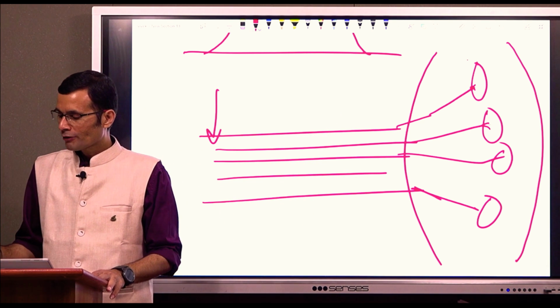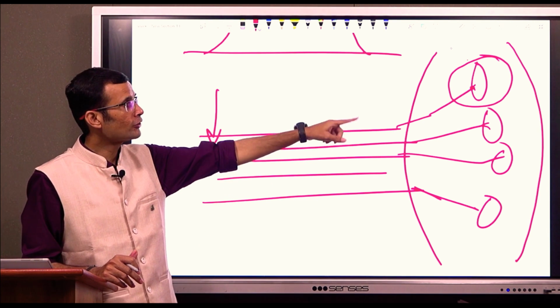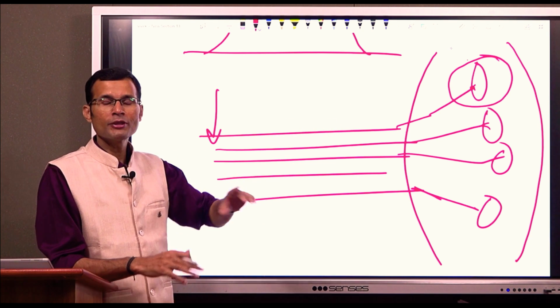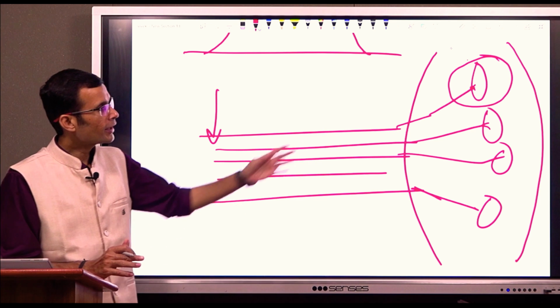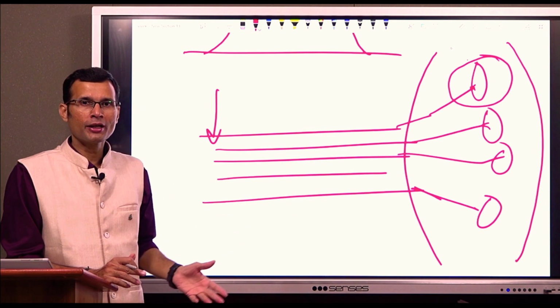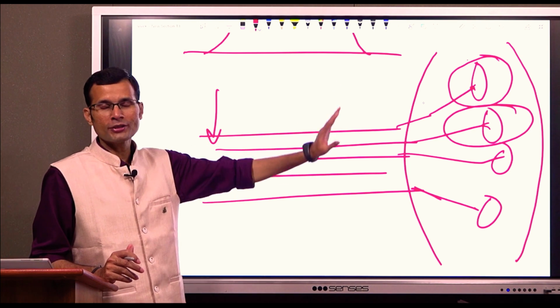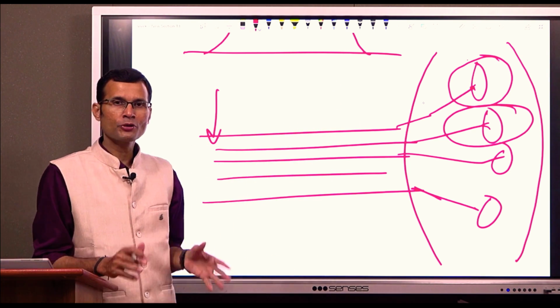So suppose first this fiber, its neuromuscular junction, acetylcholine is finished. This fiber will stop contracting. It will not contract at all. So we are left with only three fibers to contract. Then this fiber exhausts its acetylcholine in the neuromuscular junction. So that fiber stops contracting.